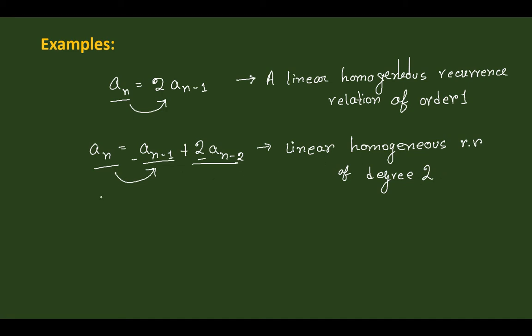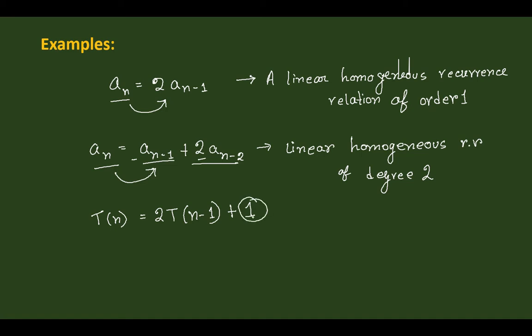Now let's say another example. We can express this an as t of n as well, which is the nth term of the sequence. So if it is expressed as t of n equal to 2t n minus 1, that is twice of its previous term, plus 1. So we can see that here t of n is expressed as twice of its previous term plus 1.